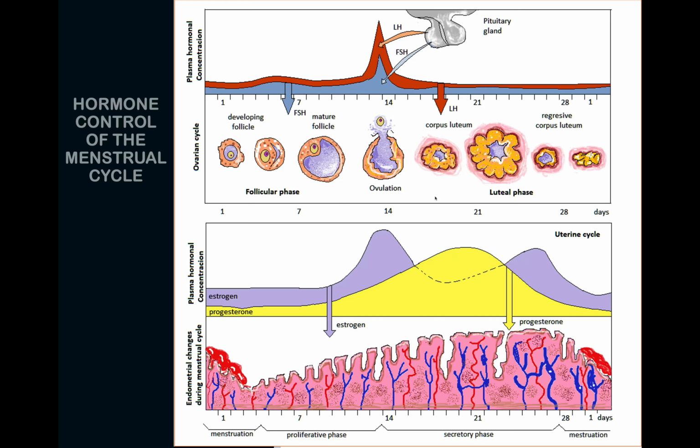Another area we have noticed negative feedback was when the corpus luteum degenerated. What happened then? The estrogen levels and the progesterone levels in the blood started decreasing. Therefore, the secretion of FSH and LH is no longer inhibited, so their concentration started to rise, and the process started all over again.